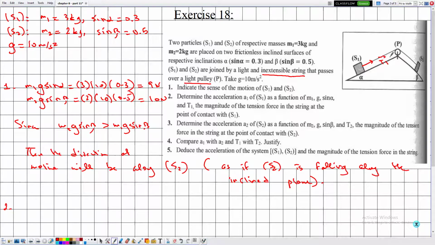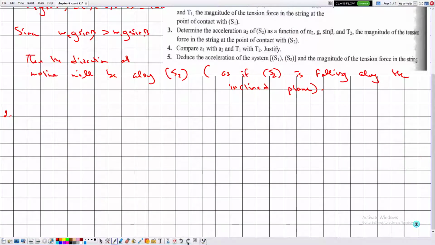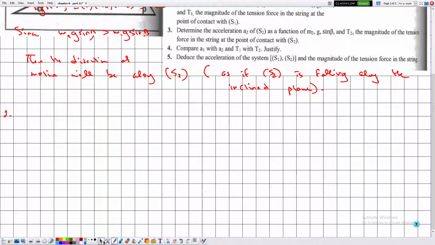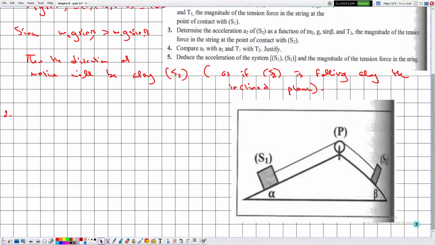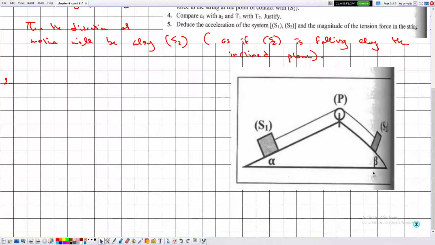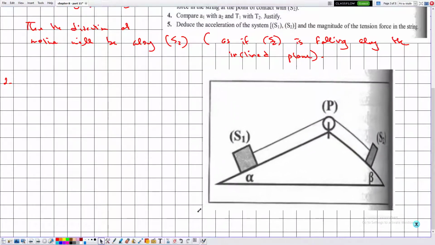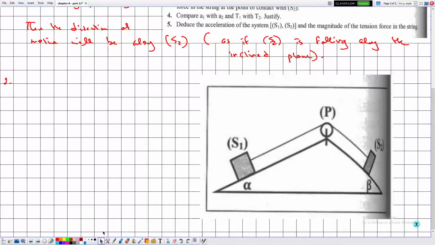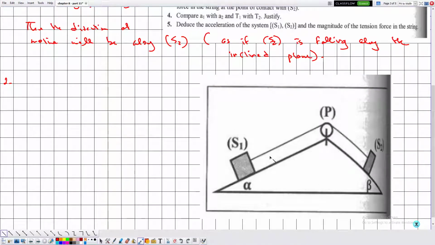Okay. Now let me represent another diagram which is more clear. Let me consider that this is the positive direction.